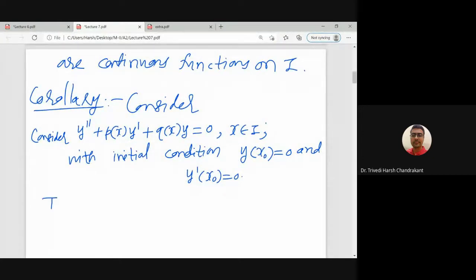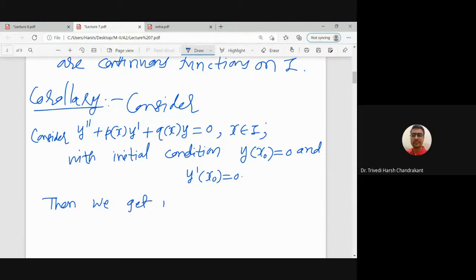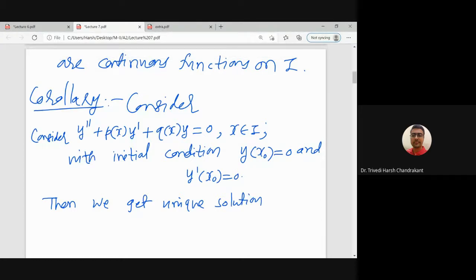Then from the above theorem we get a unique solution, right? And that unique solution satisfies these initial conditions that y of x naught is 0 and y dash of x naught is 0. But on the other hand, we also know that every homogeneous equation has a trivial solution, that is y is equal to 0 everywhere, the identically 0 function.